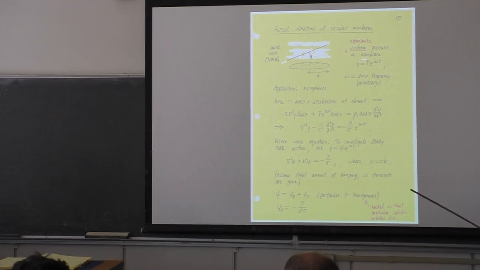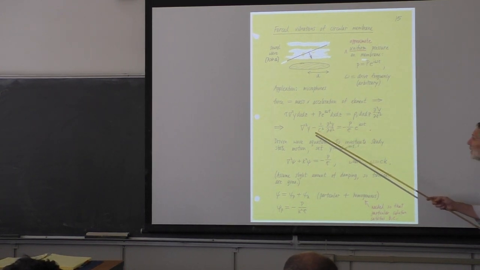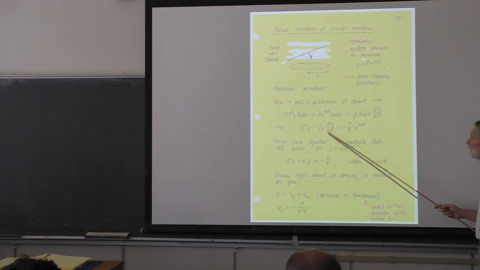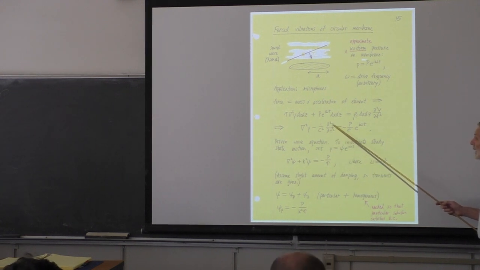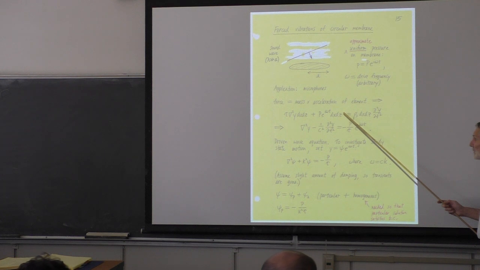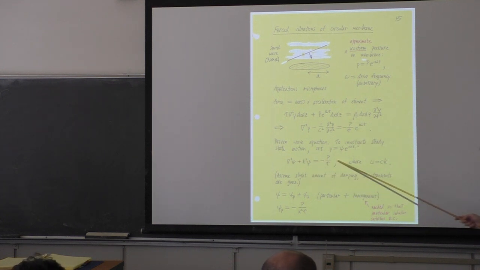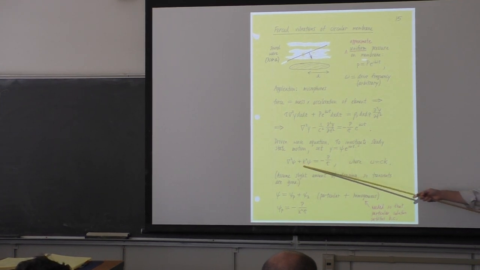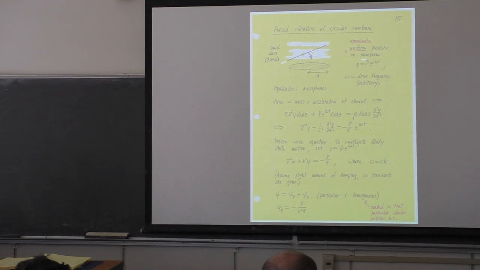When we substitute that into the equation, we cancel the e to the i omega t. The two time derivatives bring down a minus omega squared, and we get this. As always, we actually get omega squared divided by c squared, but we use the dispersion relationship, so we have k. You've seen this before, I'm just reminding you.